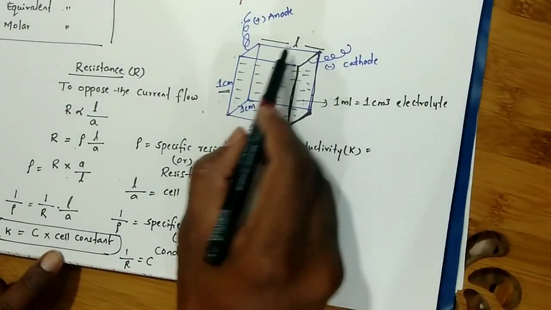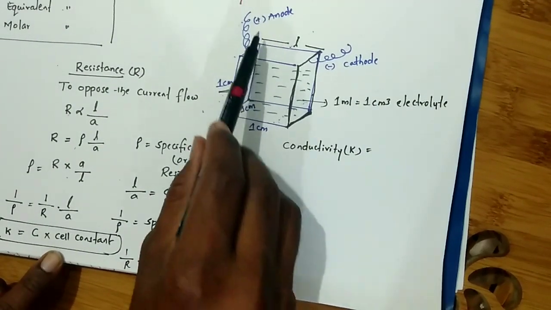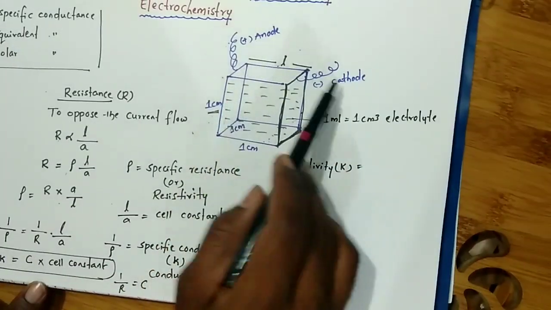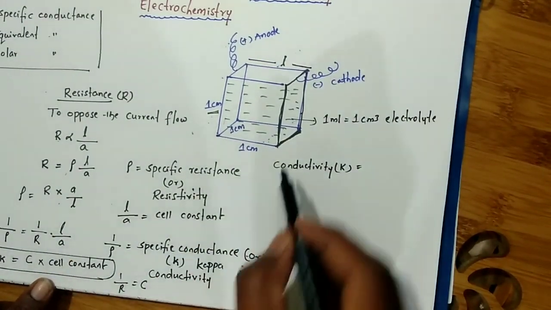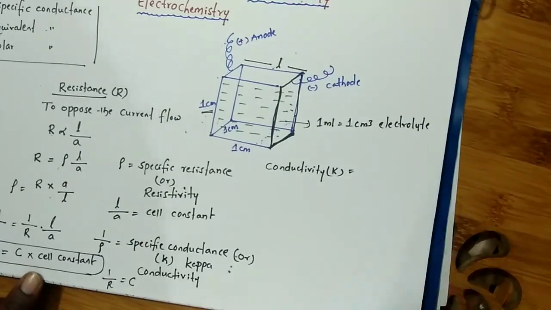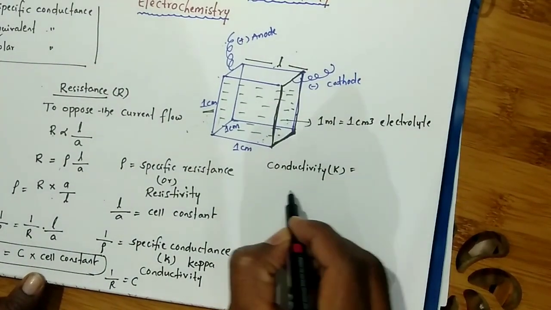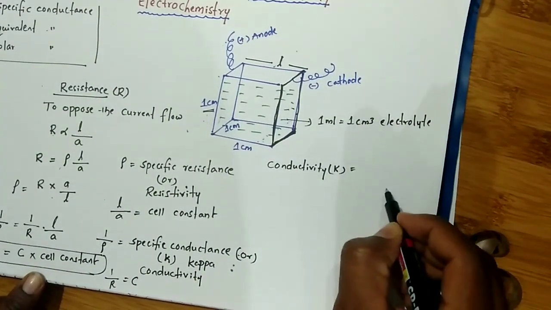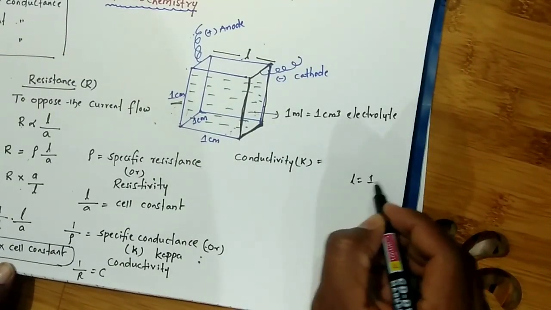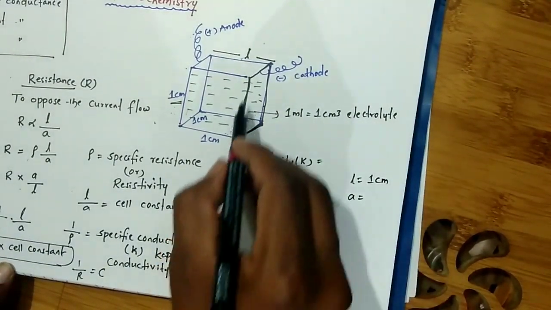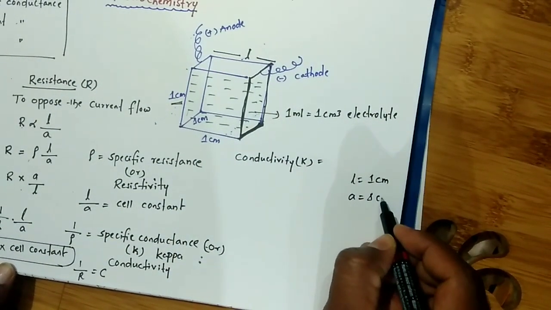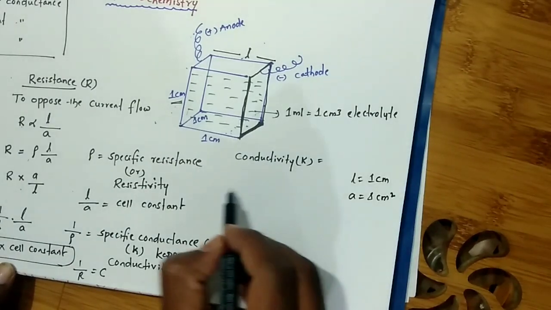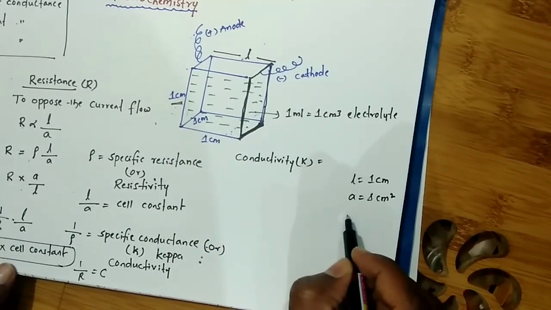Suppose you take the length, the distance between anode and cathode, as 1 centimeter, then the area of cross section is also 1 centimeter square. Here I am taking length L equal to 1 centimeter, and area of cross section, height into width, as 1 centimeter square. So here the cell constant is always 1.